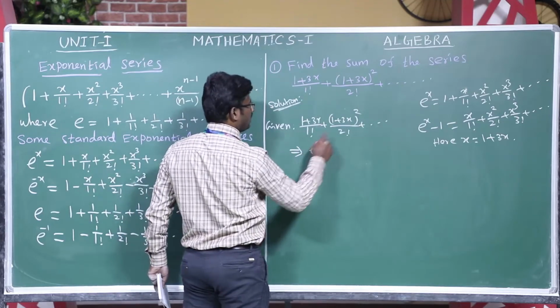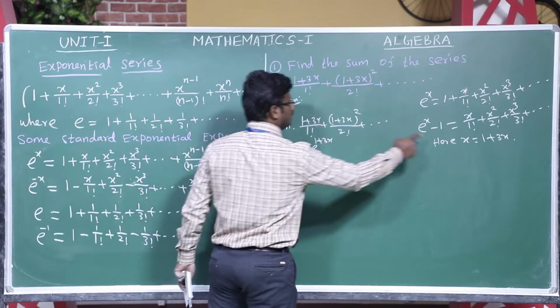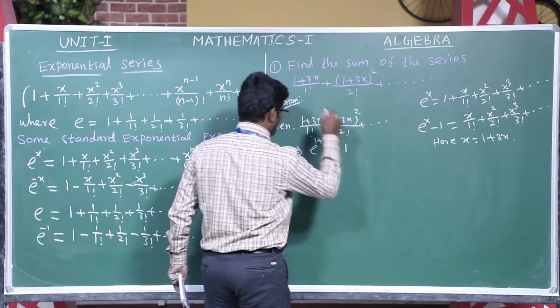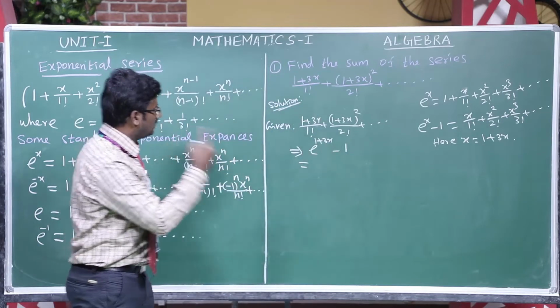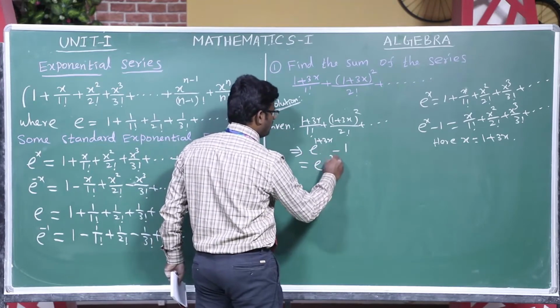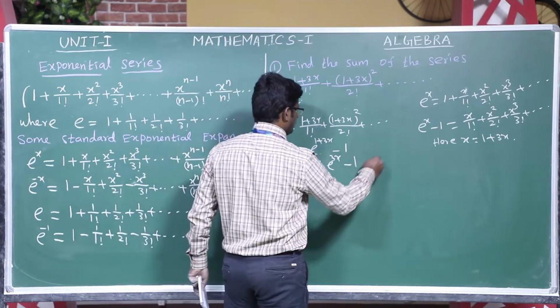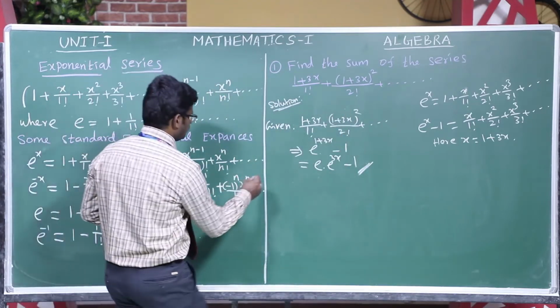Therefore, e power x, where x means 1 plus 3x, then e power x minus 1 is equal to e power 1 plus 3x minus 1, which splits to e power 1 into e power 3x minus 1. That's all.